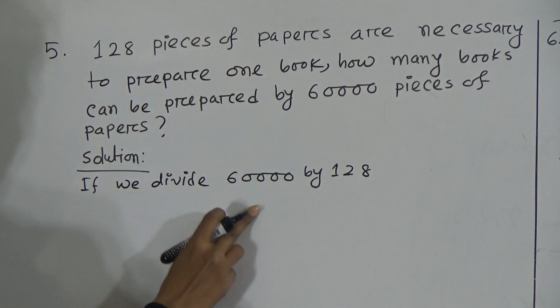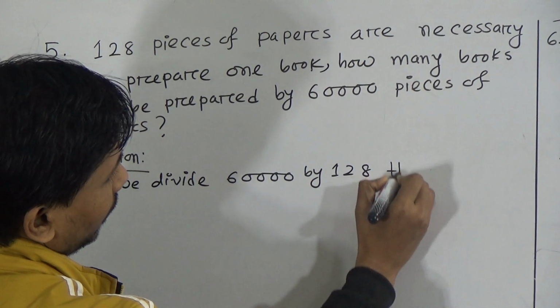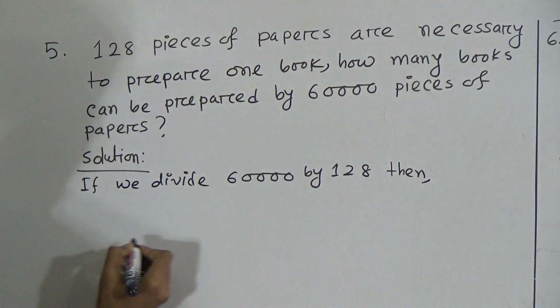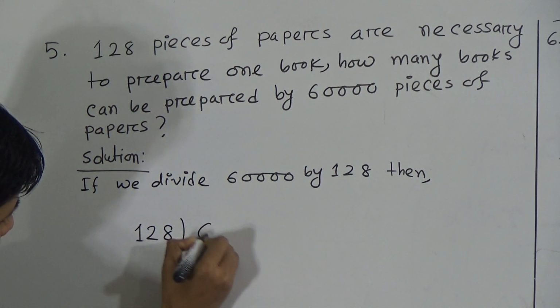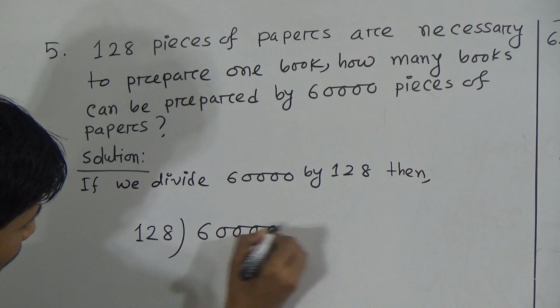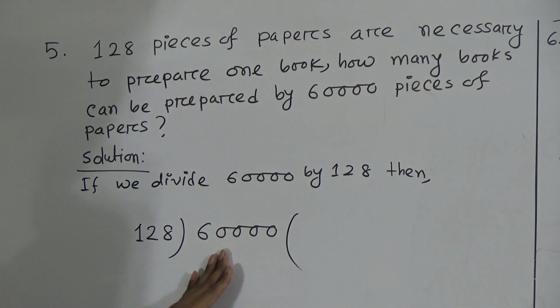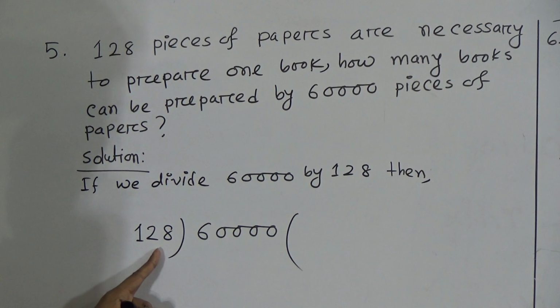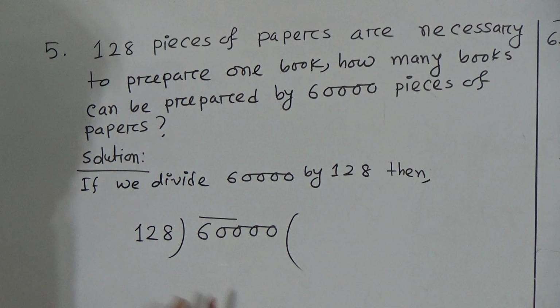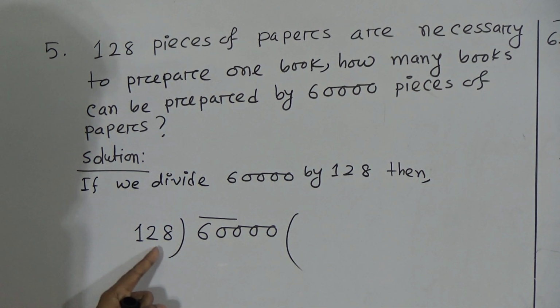Look, this is 60,000, that means this is the dividend, and this is the divisor, 128. If I select from here up to 3 digits, then it becomes 600. Now we have to divide 600 by 128 at first.